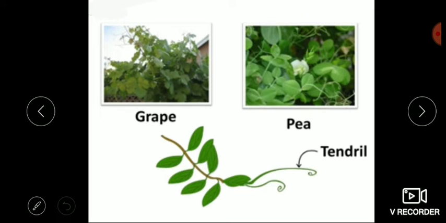You can see here the picture of grapevine. It has tube-like structures called tendrils. In some plants, leaves are modified into highly coiled structures. They help the plant to climb. Pea, grape, etc. are some of the plants that have such leaves.